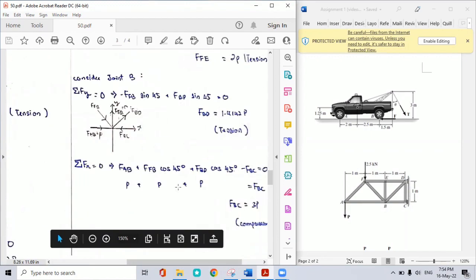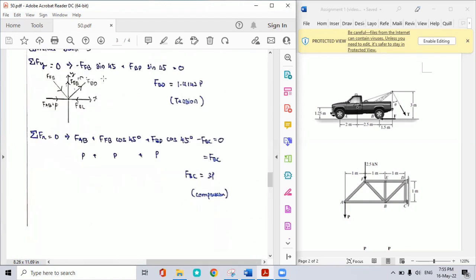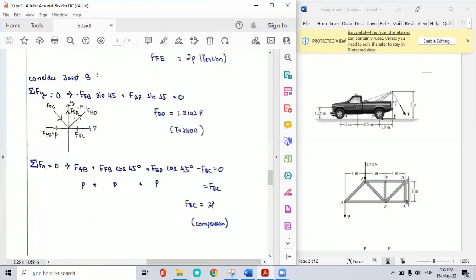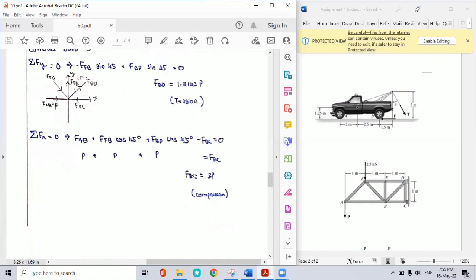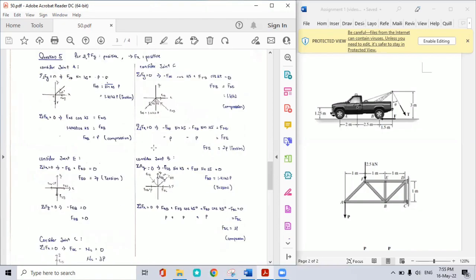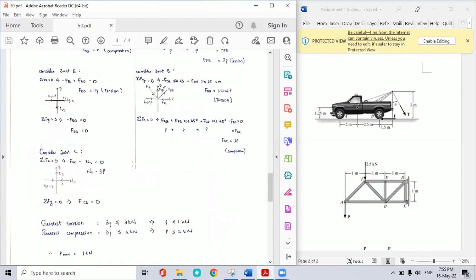Okay. Considering joint B, the thing is still the same. We need to resolve all those forces into horizontal and vertical directions, and doing simple calculation from there, we will get FBD and FBC. After that, we need to consider how large the maximum compressions and the maximum tensions are.